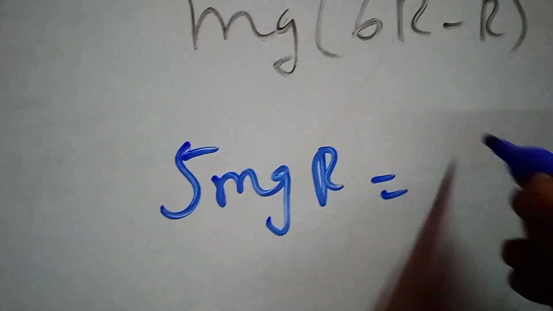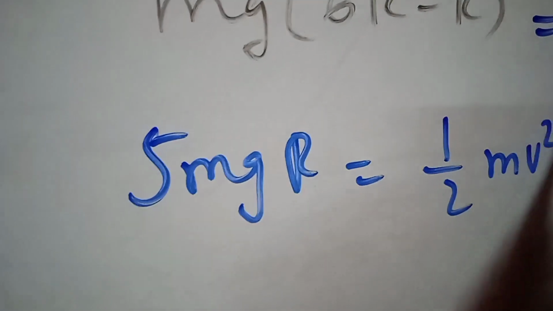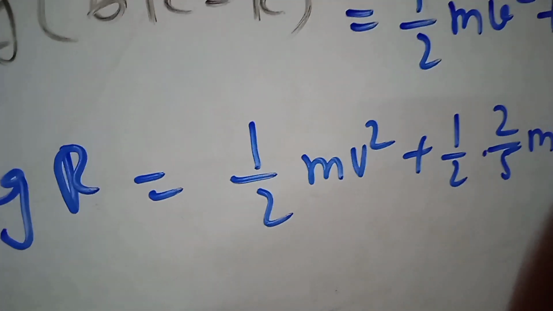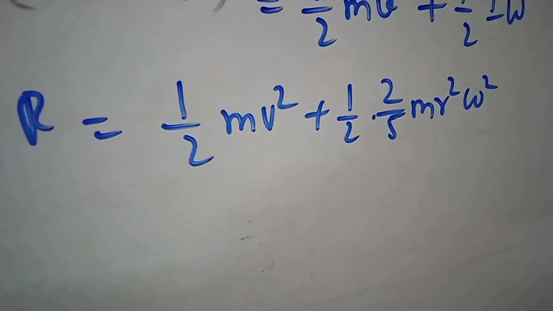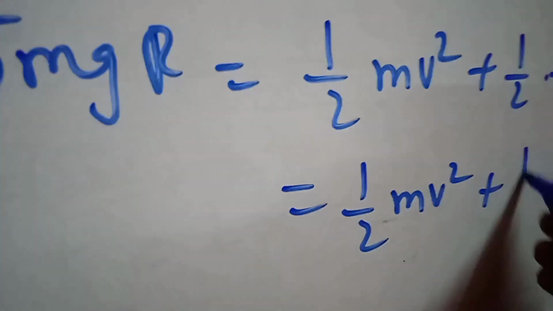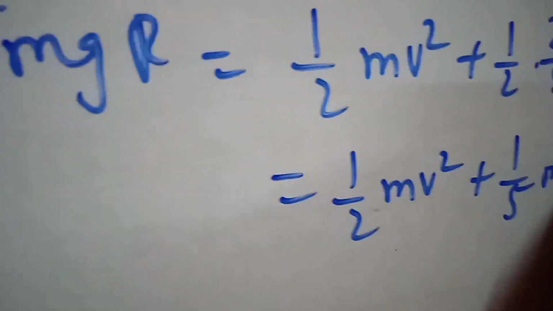5 mgr equals half mv square plus half, as we know, the sphere moment of inertia is 2/5 mr square, into omega square. So it is coming half mv square plus 1/5 mv square.